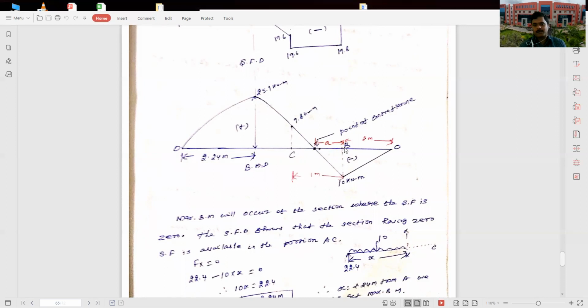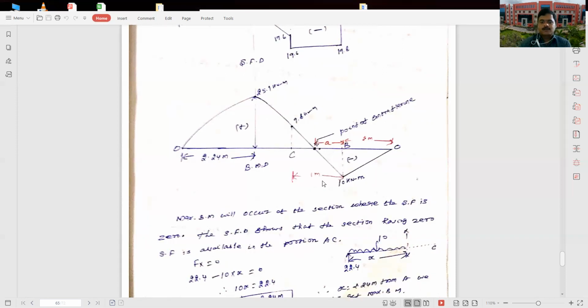So from the point B, consider this distance as an unknown value A. Why? Because from this point to this point 2 meter you know already, but here from C to B the distance is 1 meter. But out of this 1 meter, at some point A from B, the bending moment value will be 0. That A point I have to know.